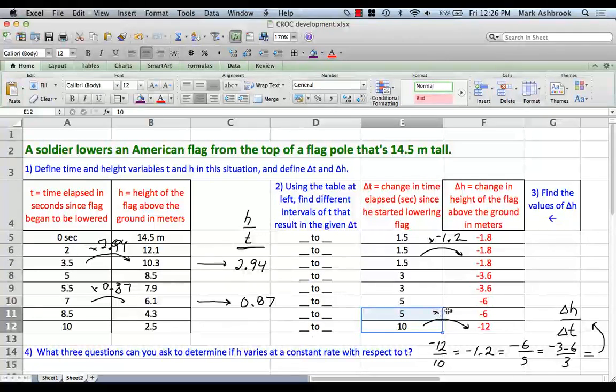Times negative 1.2. Every second, the flag goes down 1.2 meters. So in 3 seconds, how far does it go down? Multiply by 1.2. Constant multiple reasoning. The change in our dependent quantity is a constant multiple of the change in t.